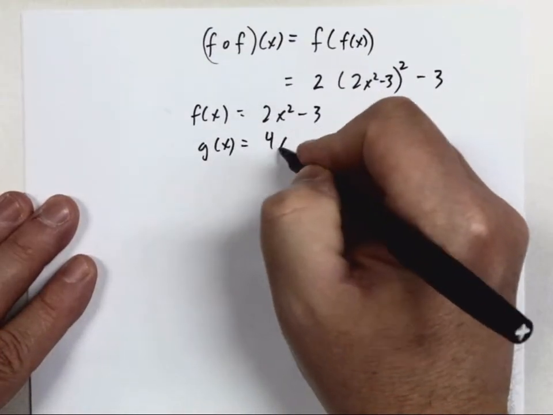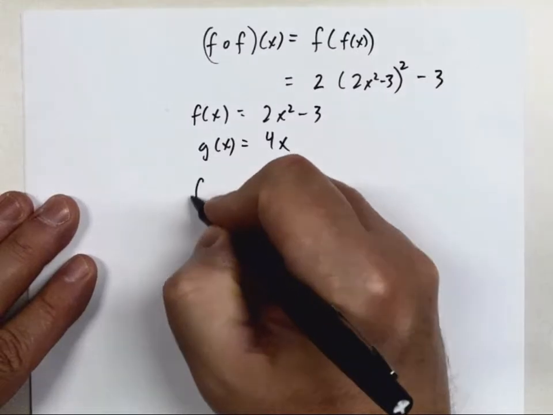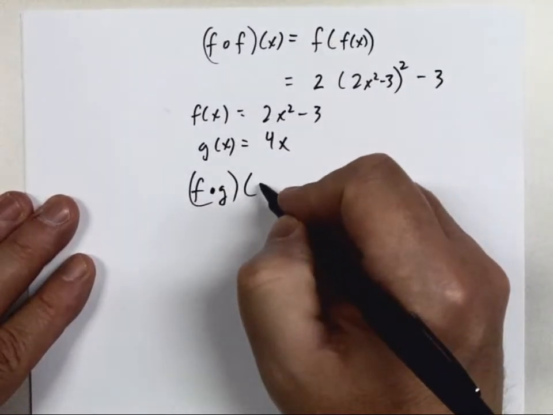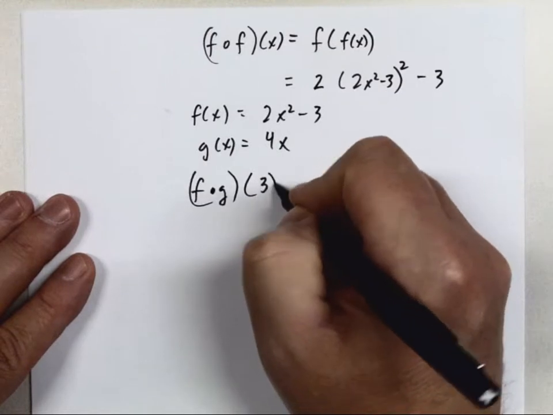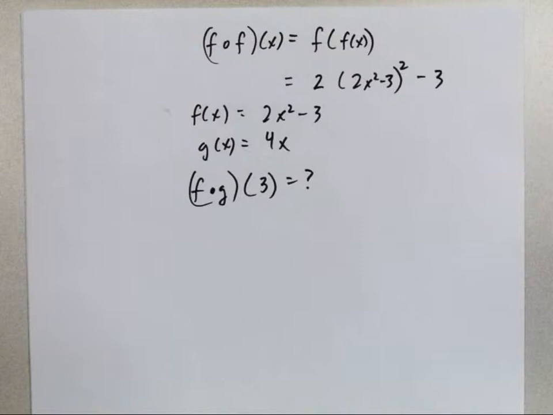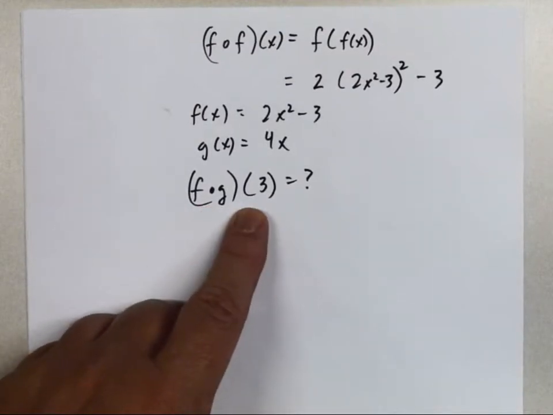G of x equals 4x. Sometimes they'll have a composite like this. F composite G. Now instead of x, they go ahead and stick a number in there.